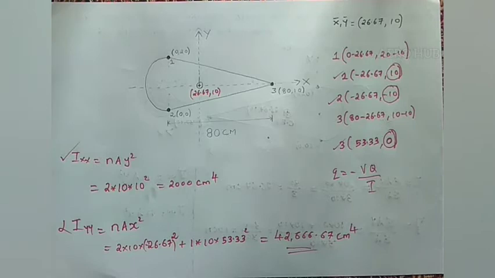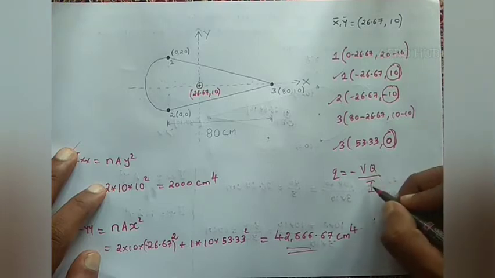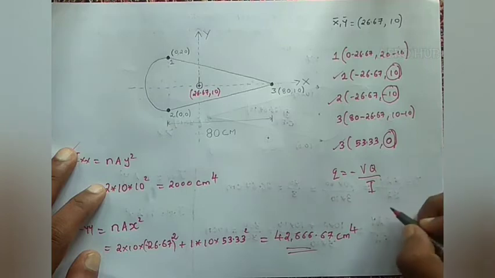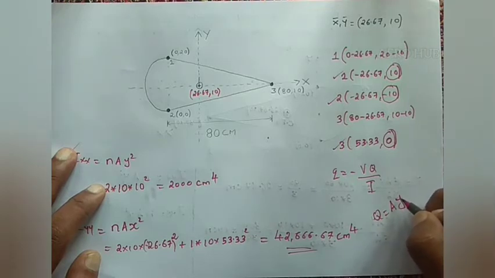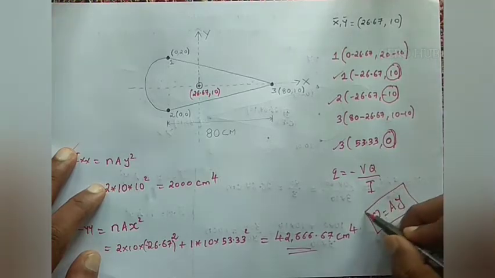V is the shear force, Q is the first moment of area, and I is the moment of inertia. Q is nothing but A into y, where A is the boom area, y is the distance of the boom area from the centroidal axis. I have discussed all this in the previous lectures.